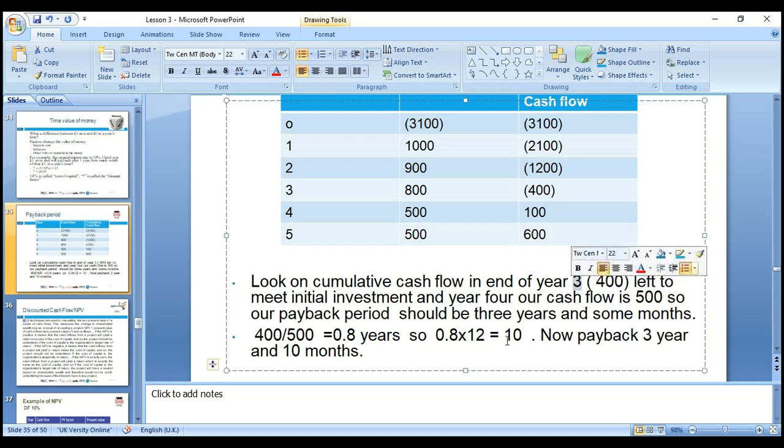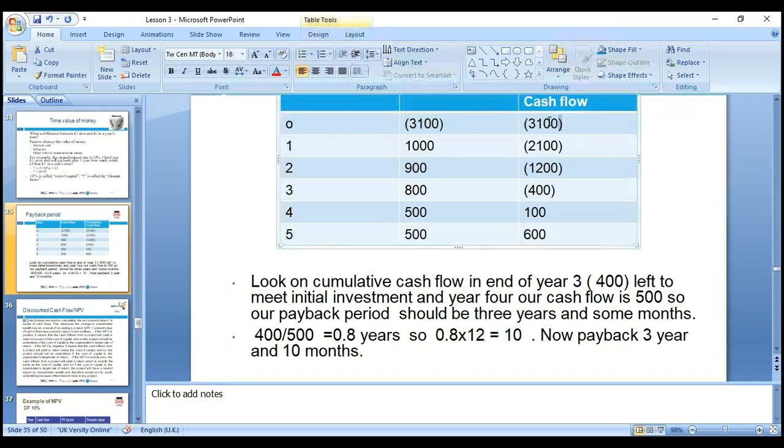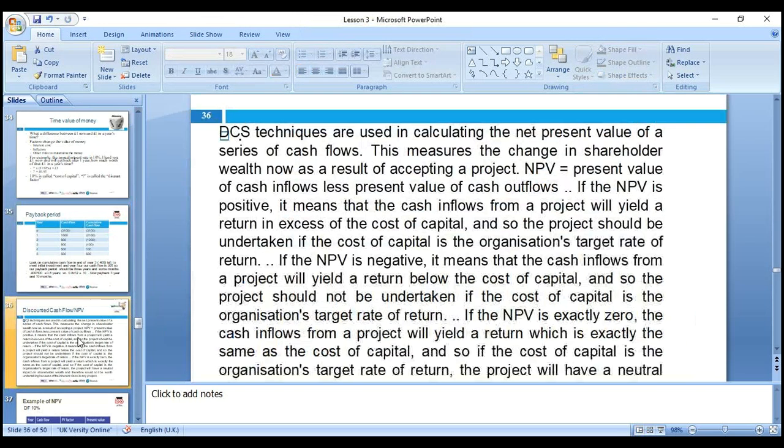So this project will take 3 years and 10 months to cover my money, 3,100, which I invested. So this is the payback period. Any question?